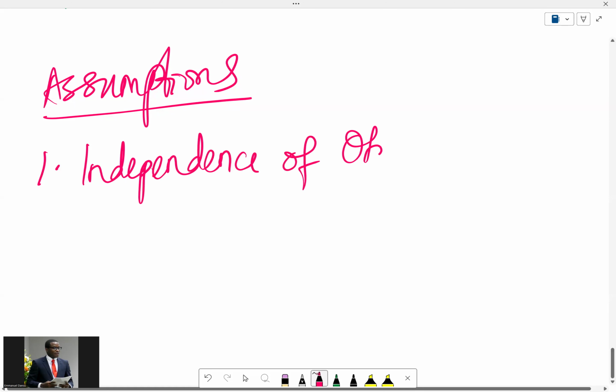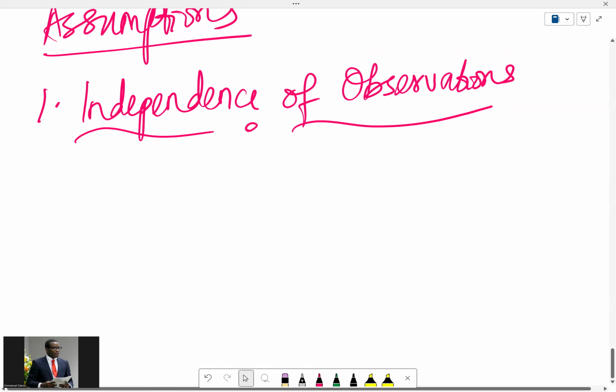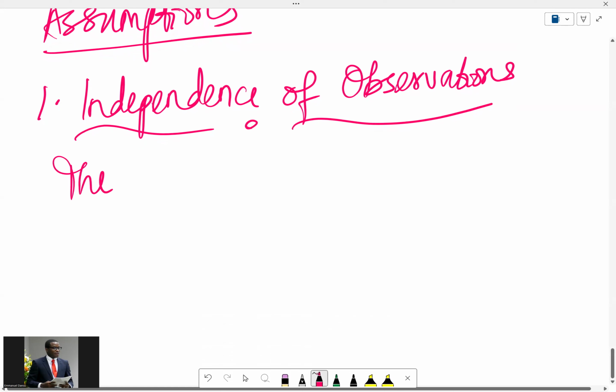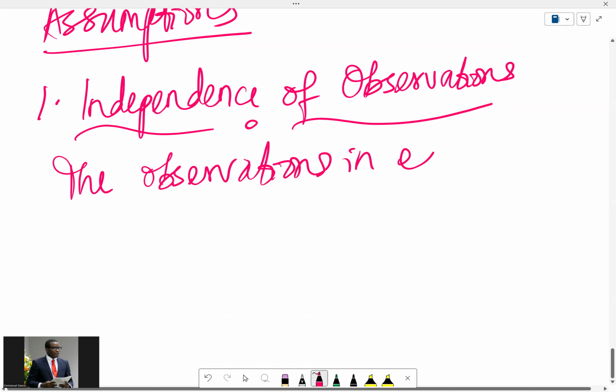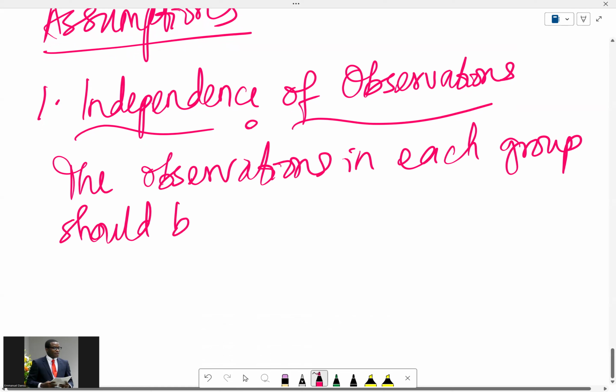Unlike repeated measures ANOVA, in one-way ANOVA, you have independence of observations. So it means that the observations in each group should be independent.